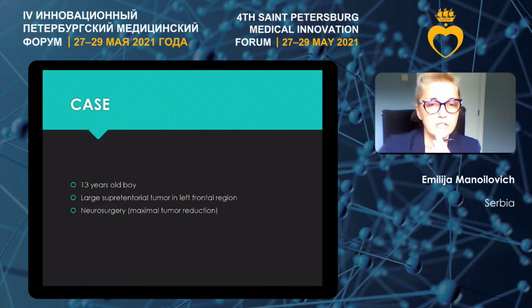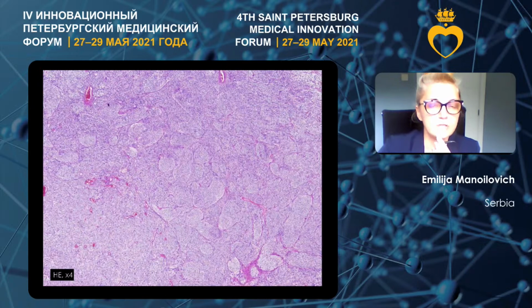He had a large supratentorial tumor in the left frontal region. He underwent neurosurgery and he had maximal tumor reduction. After that, we tried to establish a precise morphological diagnosis.